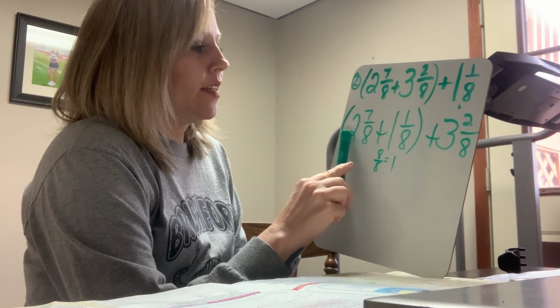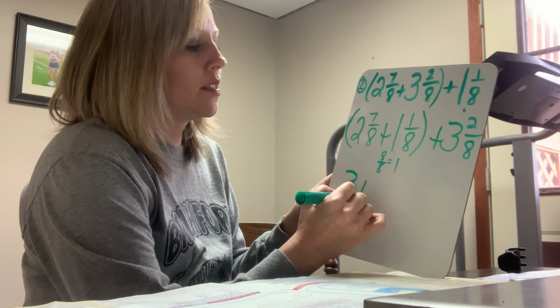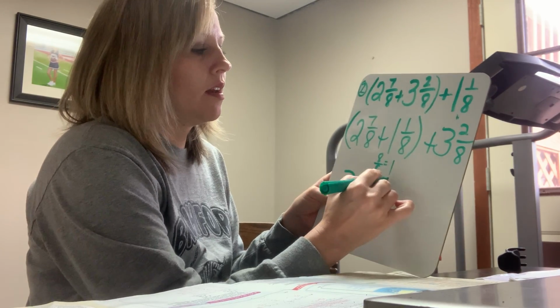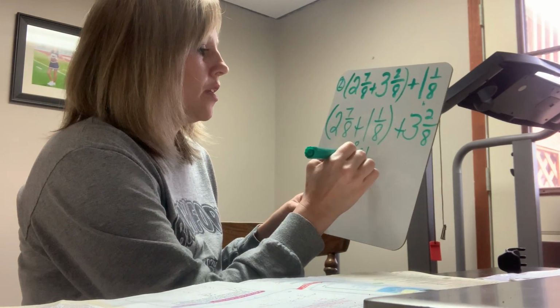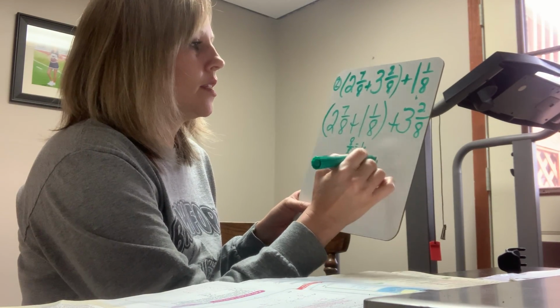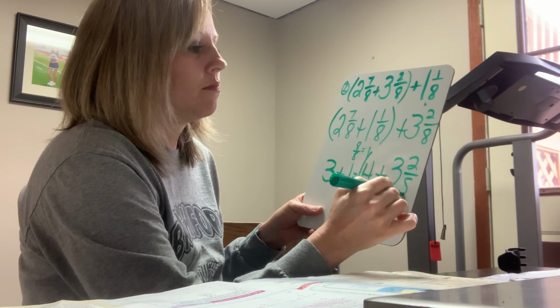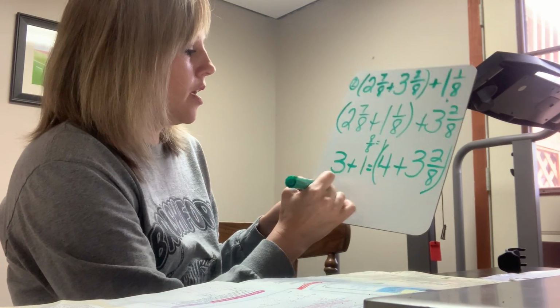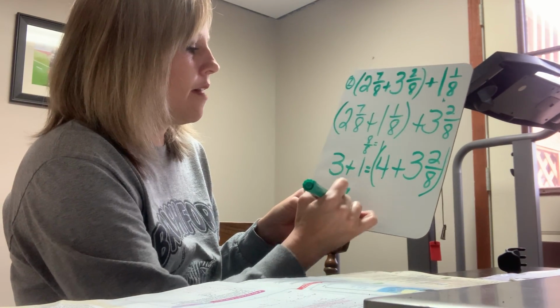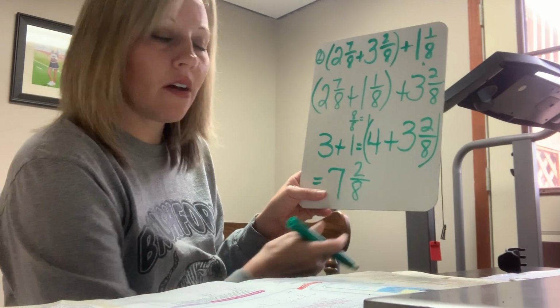So then you've got 2 plus 1 is going to give me 3, plus this other one is going to give me what? 4. Do y'all see that? So you're really just working with 4 plus now 3 2/8. Okay? So I add together the 4 plus 3. That's going to give me 7 2/8. See how I got it?